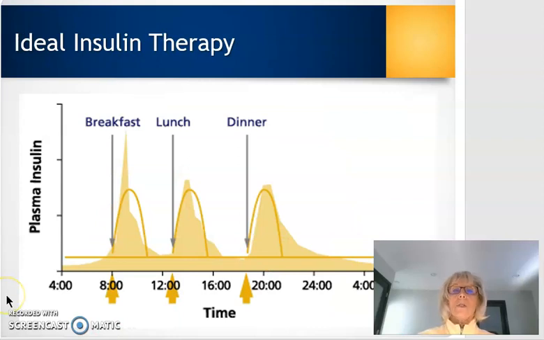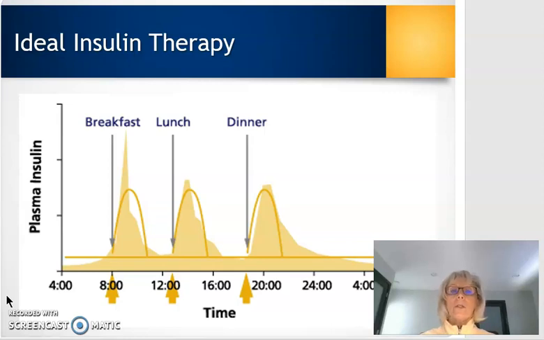This just shows you what ideal insulin therapy is like. We're trying to mimic the body's normal peaks and valleys of insulin production so we can avoid these wide swings of blood sugar. If the glucose levels go up after the patient has breakfast, we want the patient to have some insulin coverage to deal with breakfast.